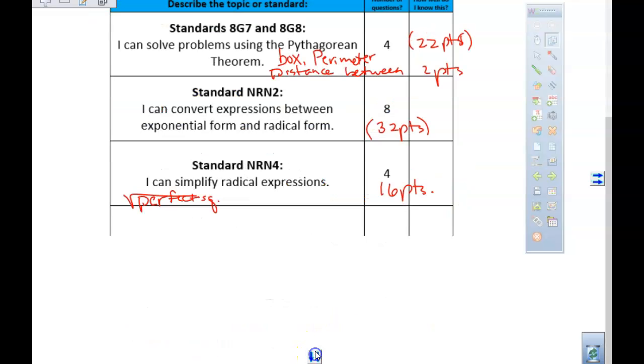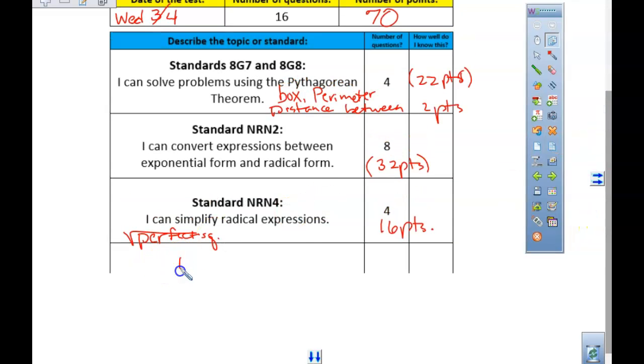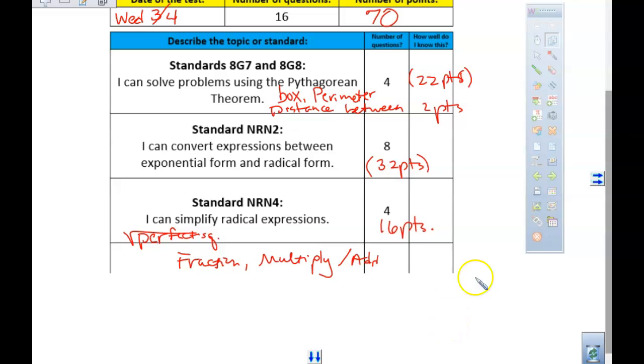If I'm thinking about that, I might also be thinking, if I have a fraction, how do I simplify that fraction? When I'm multiplying or adding, how do I simplify if I'm doing that? So that multiplication and the addition of those radical expressions as we were looking at those, getting them to look alike as you are doing that.